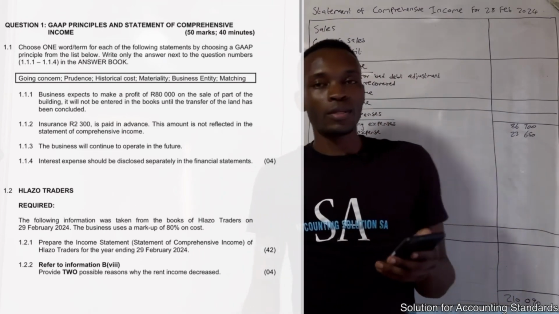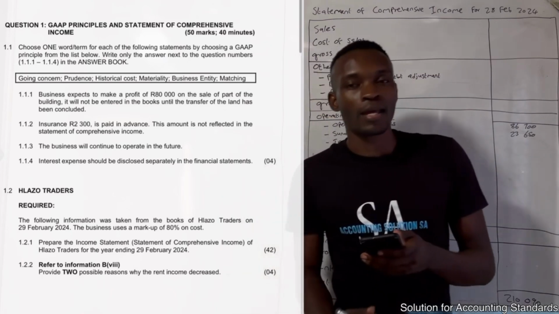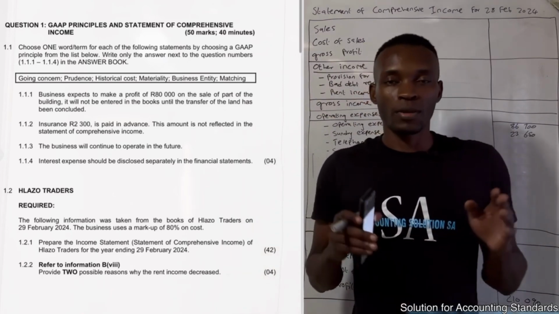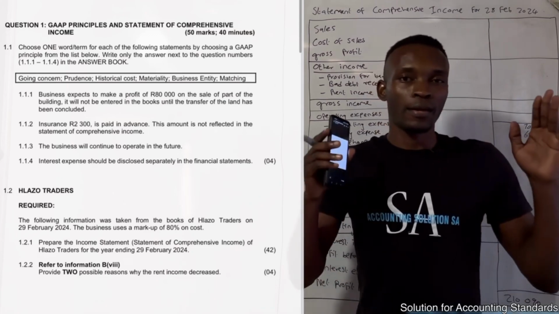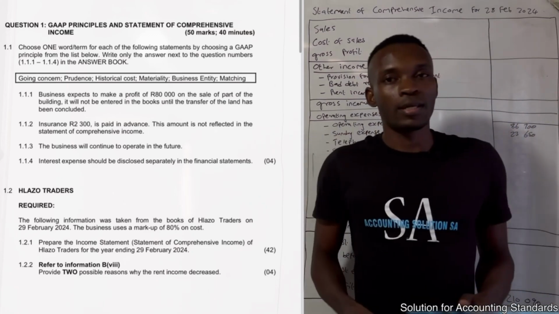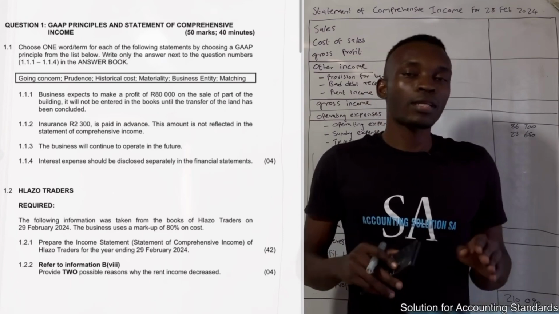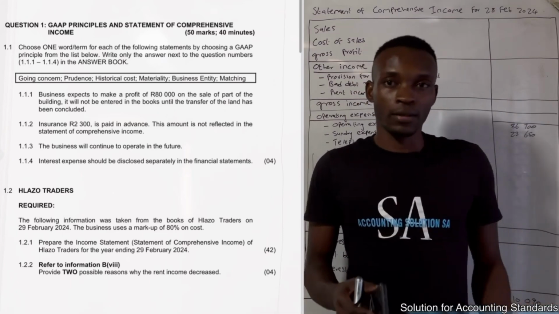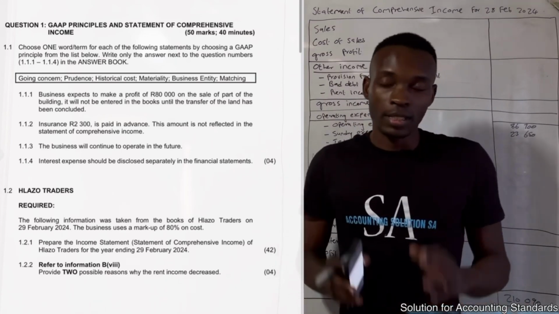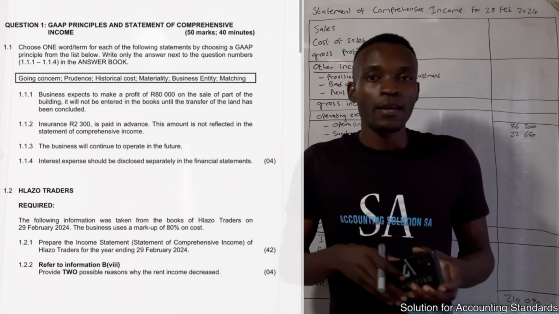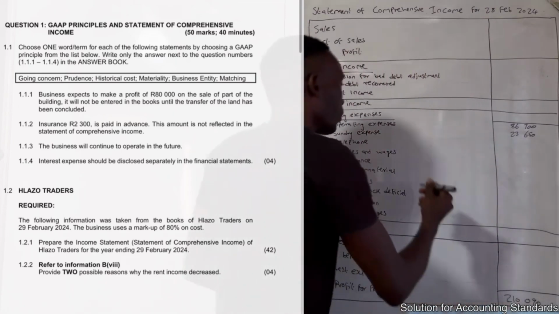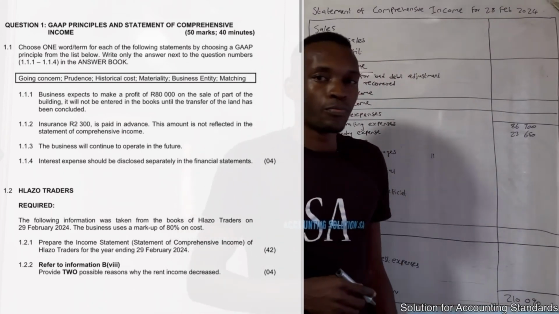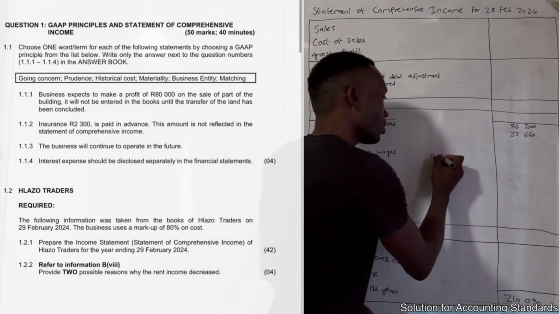You know that when we prepare an income statement, guys, the principle says that we must only focus on the transactions of this year. In other words, if there is something that has been paid for next year, don't include it. You must subtract it. So in other words, guys, this principle is saying that if you record for 11 months, this is not allowed. You must add another one to make it 12.